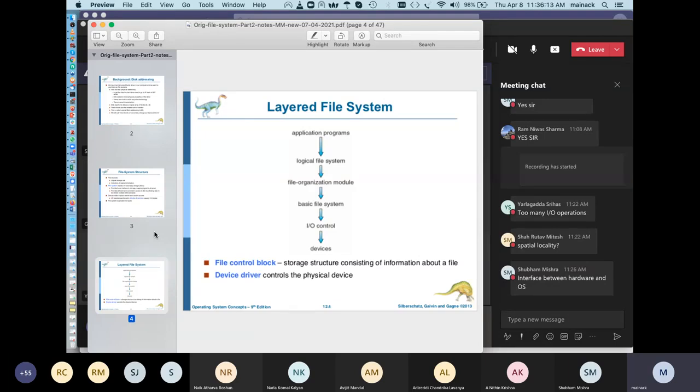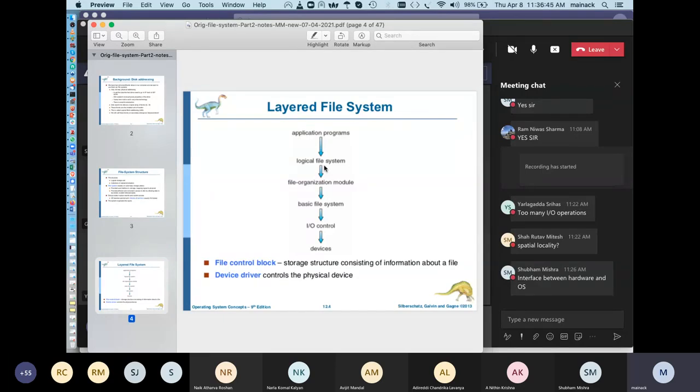Now because we know about disk addressing, we can say that the FCB in the logical file system also contains the block number in a modern operating system. Where is the data written? What is the start of the data? Because you just need the start address and the size. So you know the size in blocks and where in the block it starts. That's what the logical file system handles.